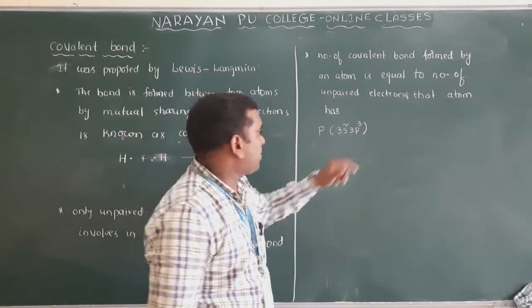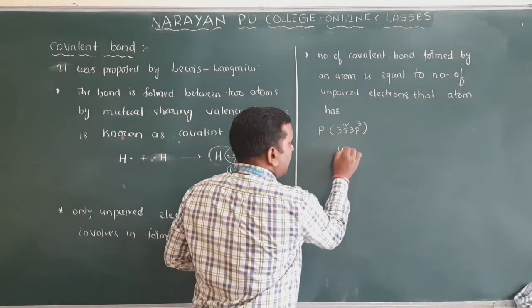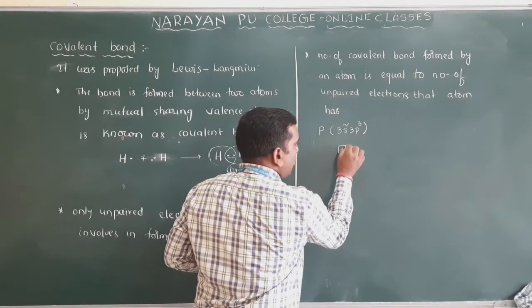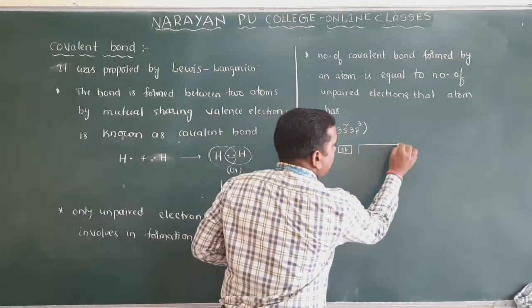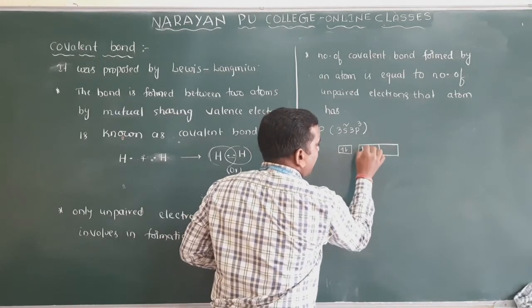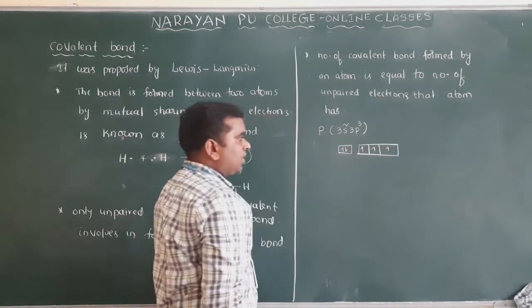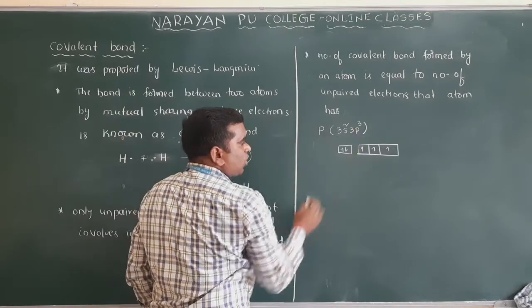In the s orbital there are 2 electrons, and in the p orbital there are 3 electrons. This is the ground state electronic configuration.